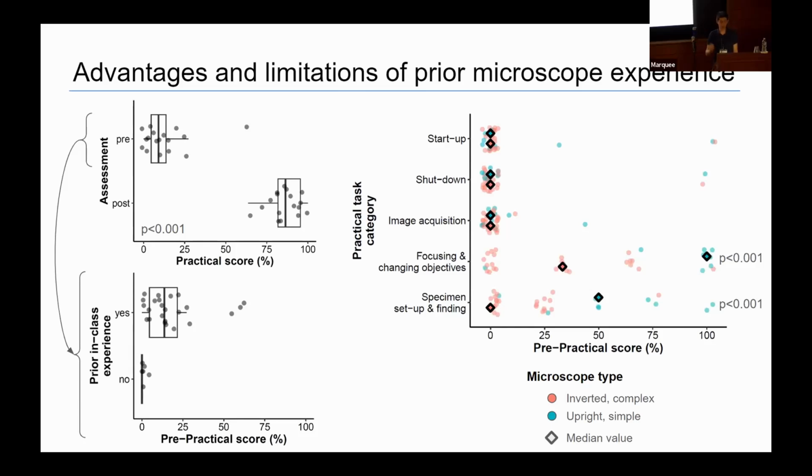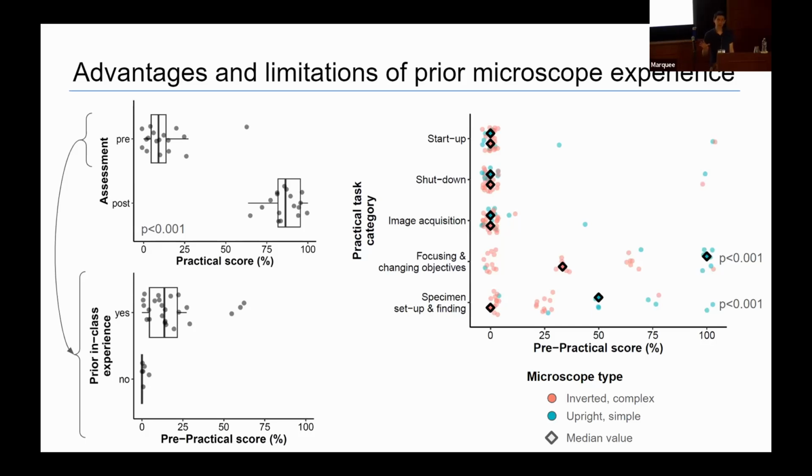But here we noticed, and you can see the difference in the colors here, we noticed a difference between the students in the 2 classes of microscopes. So the students who were being trained on the more complex, less familiar inverted systems were not scoring as high as those who were using the more familiar systems.